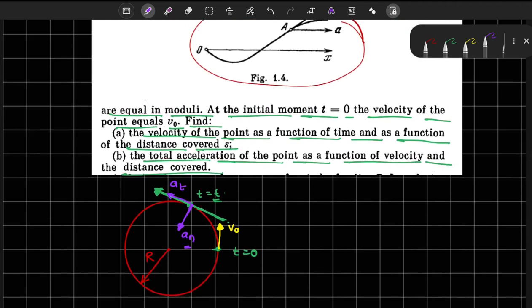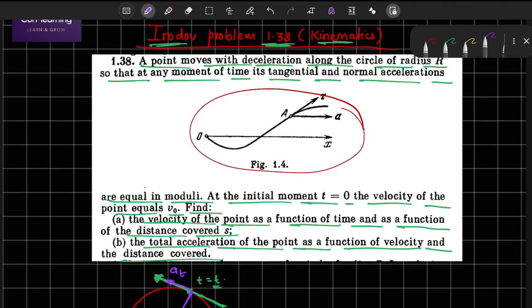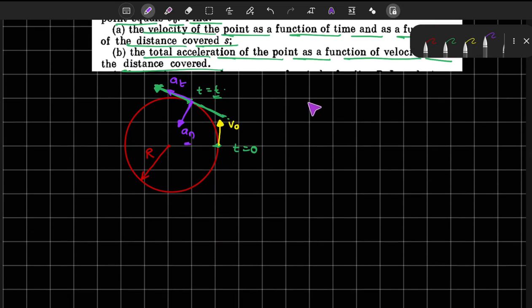In the problem it is given that at any moment of time its tangential and normal accelerations are equal. So let us say at time moment t, the magnitude of the tangential acceleration is equal to the magnitude of the normal acceleration.